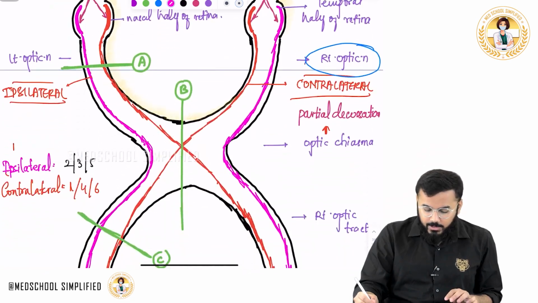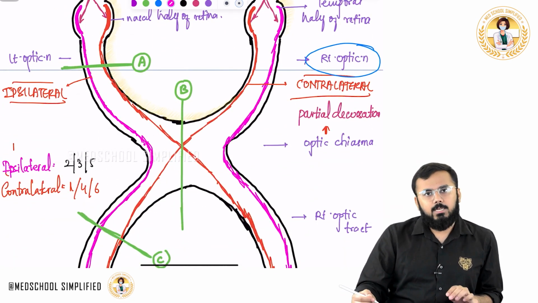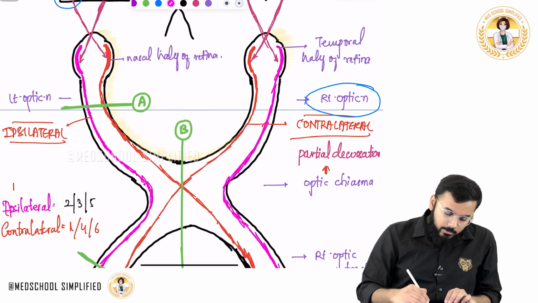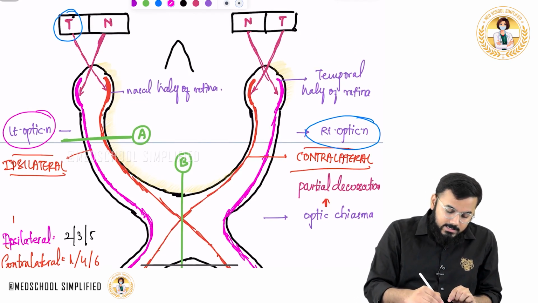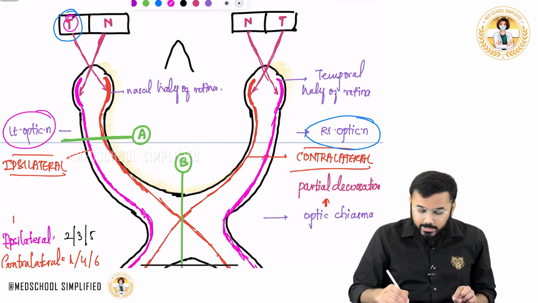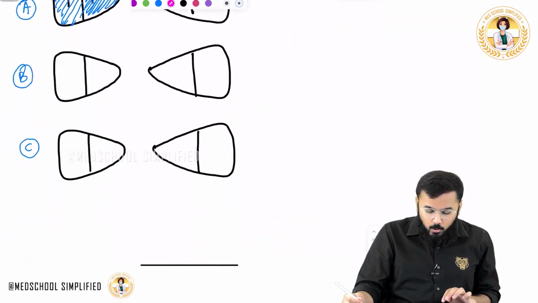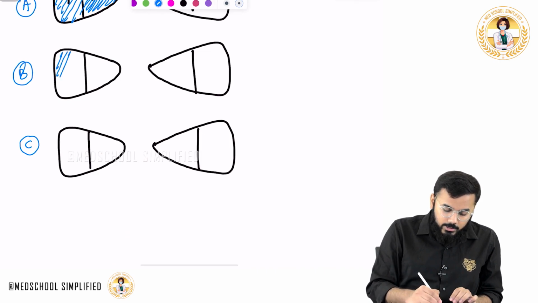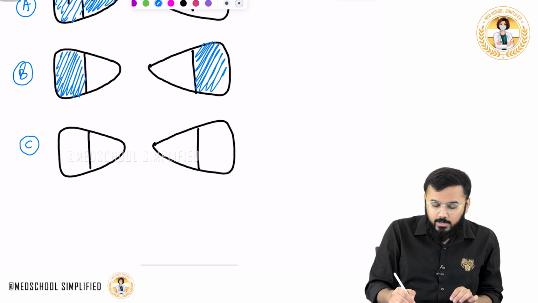Okay. Condition number B. In condition number B, only the red color fibers are cut down. The ipsilateral, the pink color fibers are normal. When the red color fibers are cut down, let us talk about this red color fiber. On the left side, the red color fiber is receiving information from the temporal half. On the right side, the red color fiber is receiving information from the temporal half. So both the temporal halves are gone. Yes or no? So temporal half here and temporal half here is lost.